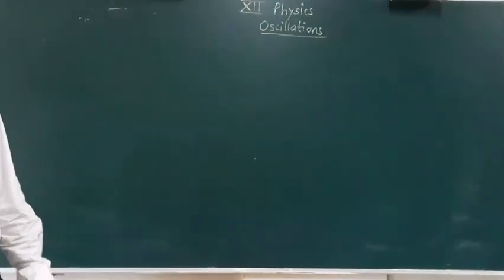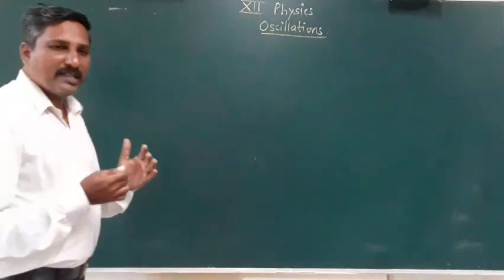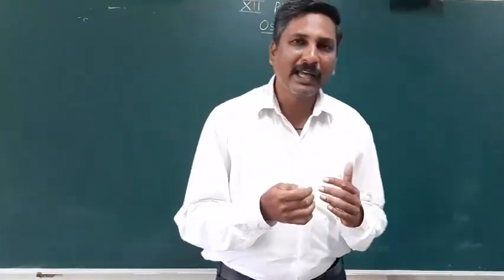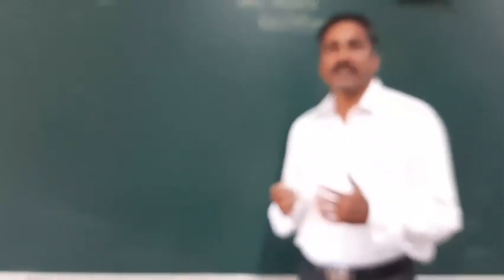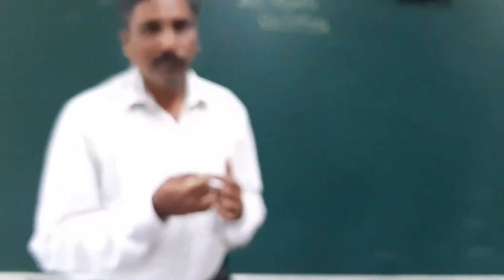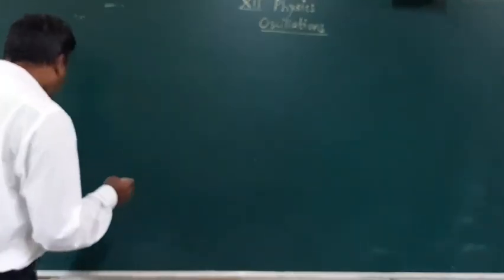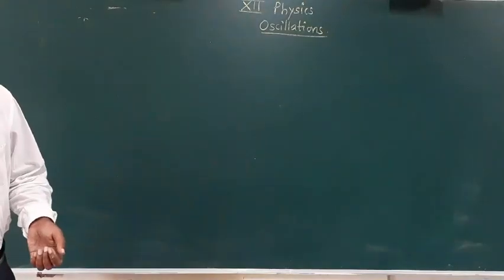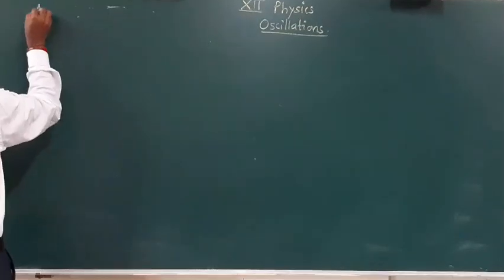Now we are studying the differential equation of linear simple harmonic motion. But what is the equation, the formula, for the value of acceleration, velocity and displacement for a linear simple harmonic motion? That we have to see one by one. So the first thing that we study is the acceleration of a particle performing SHM.